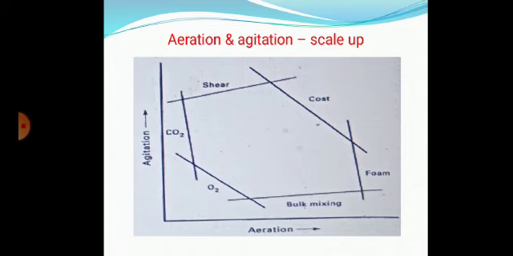Imaginarily a window is constructed by 6 parameters under the influence of agitation and aeration. So you have to see that aeration and agitation are maintained at an appropriate level, wherein the dots of aeration and agitation lie inside the window and not outside the window. This is called the scale up window.